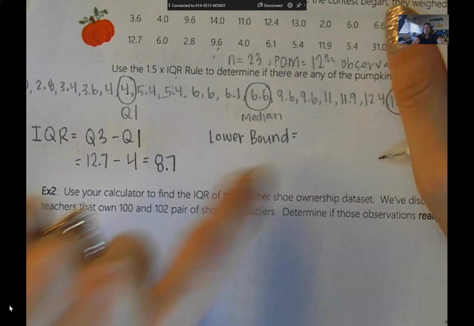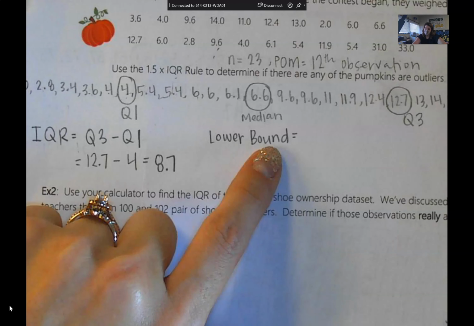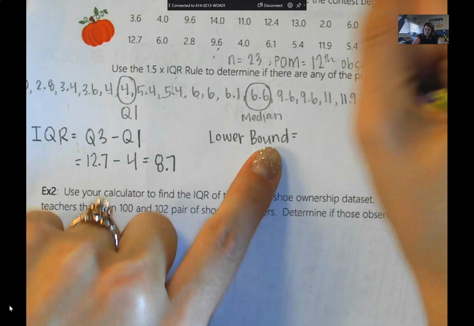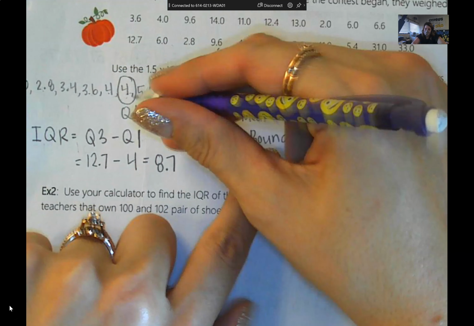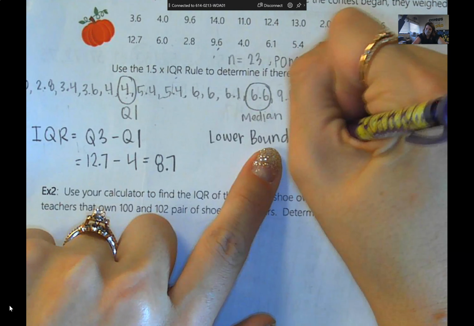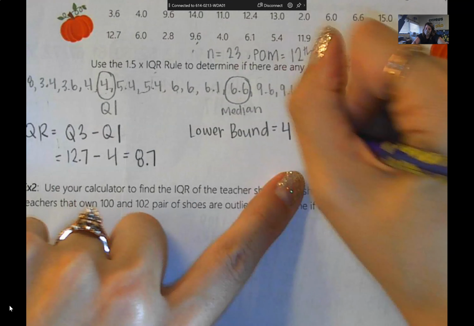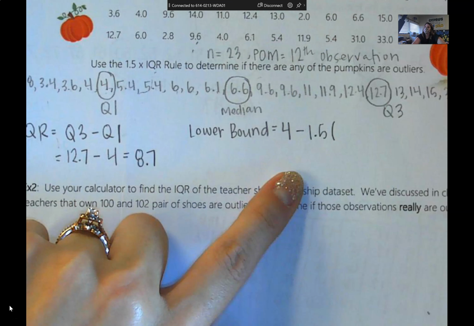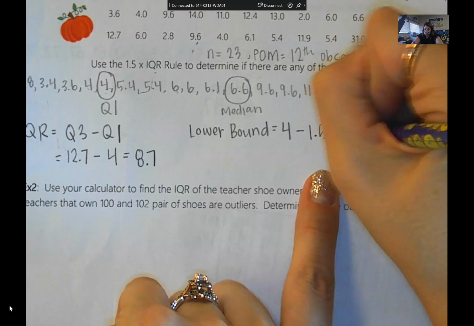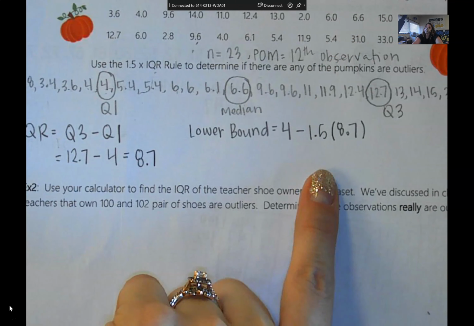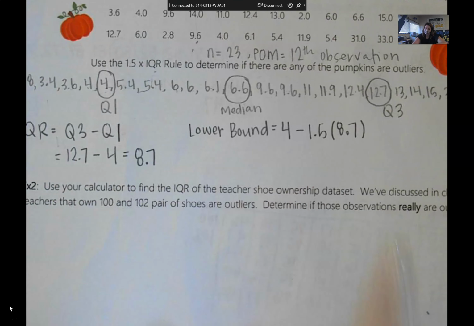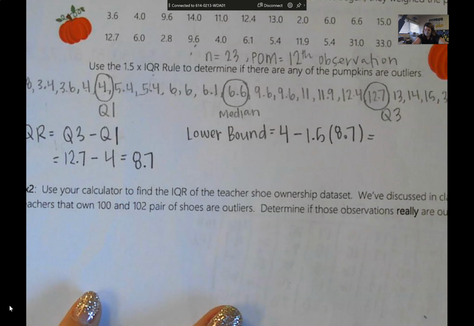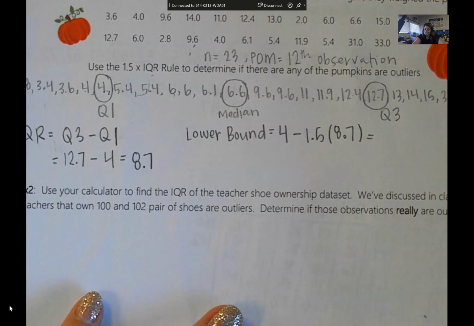So my lower bound, the lowest my number can be, is quartile 1, so 4, subtract 1.5 times IQR, which is 8.7. Okay, what do you guys think? Or what did you get, I should say?